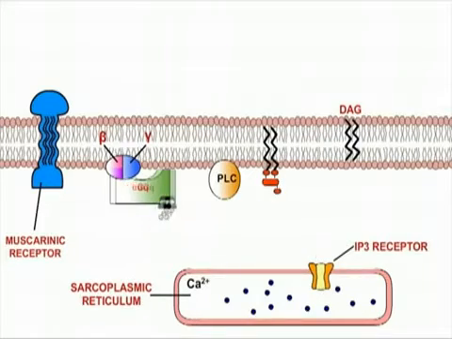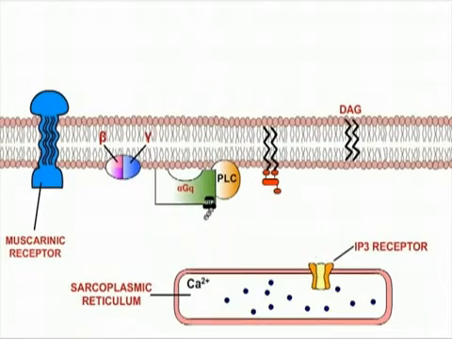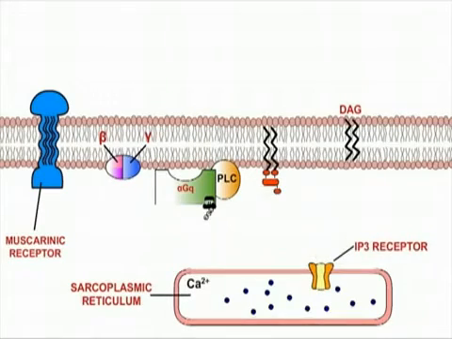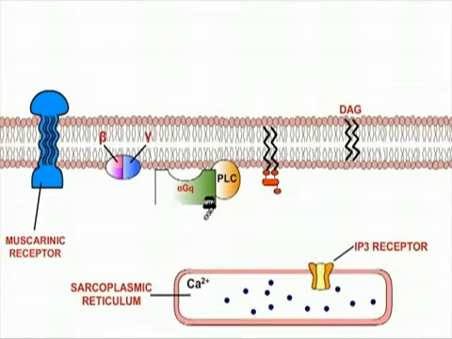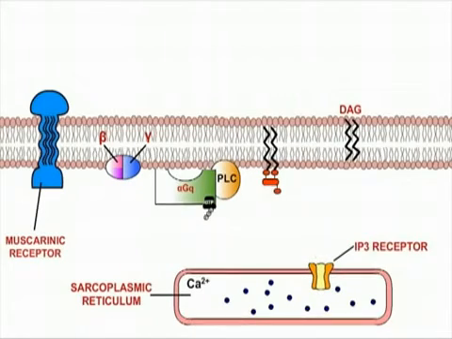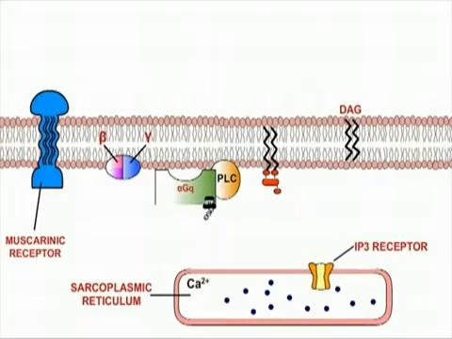The activated Gq stimulates the activity of phospholipase C-beta to hydrolyze phosphatidylinositol 4,5-biphosphate. The cleavage of the phosphatidylinositol 4,5-biphosphate results in the release of IP3 and diacylglycerol, DAG, both of which are secondary messengers.